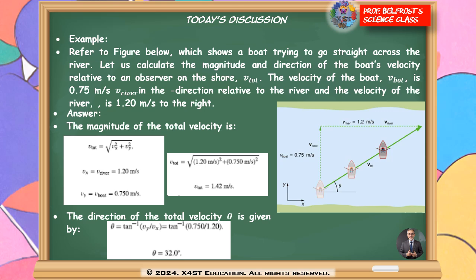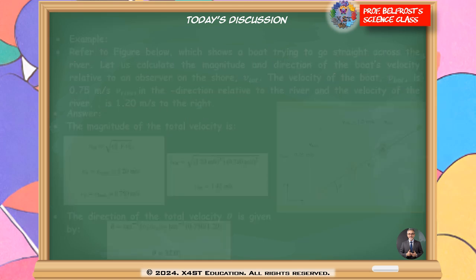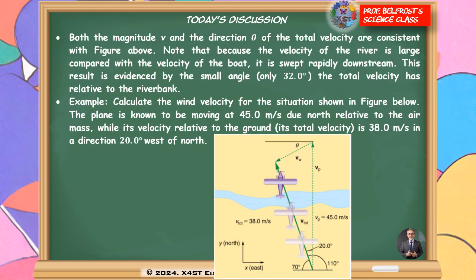You need to first determine which theta you use, the angle between the total velocity and the boat velocity, or between the total velocity with respect to the shoreline. In this case, we'll take it with respect to the shoreline, so theta is calculated as shown, and we obtain the result of 32.0 degrees.